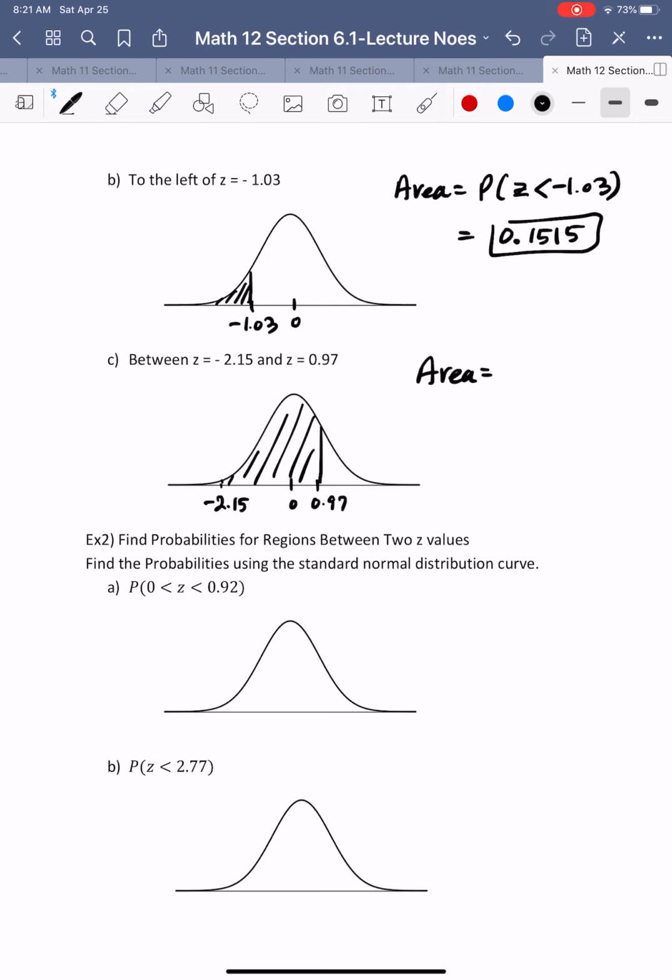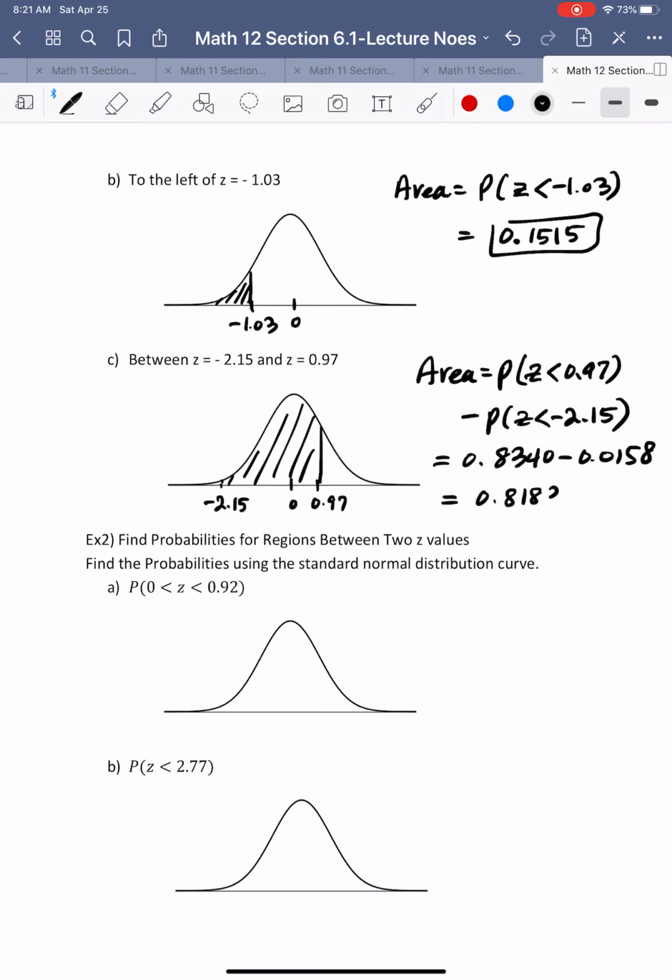All the areas that you see from Table E are from the left side of the z. So you use P(z < 0.97) minus P(z < −2.15). Using the table, you get 0.8340, subtract 0.0158, and then you get 0.8182.